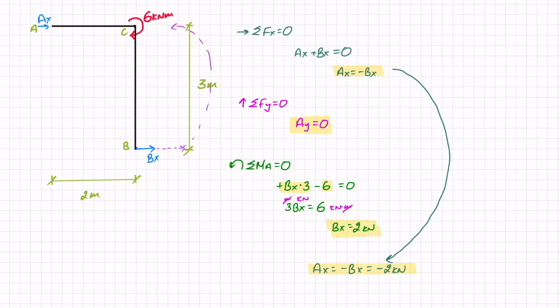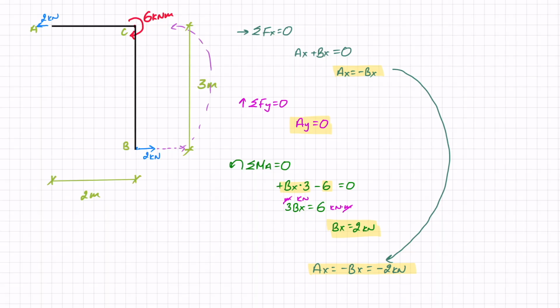You can see I assumed an arrow going to the right. In fact, the minus tells us that I assumed incorrectly. Therefore, I need to get rid of this and draw it in the correct direction, which means going this way with a magnitude of 2 kilonewtons. And the last thing was Bx, which worked out as plus 2 kilonewtons, and therefore instead of Bx, I just need to add 2 kilonewtons here.